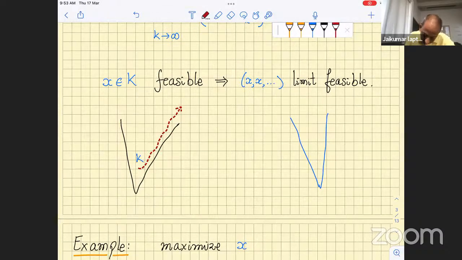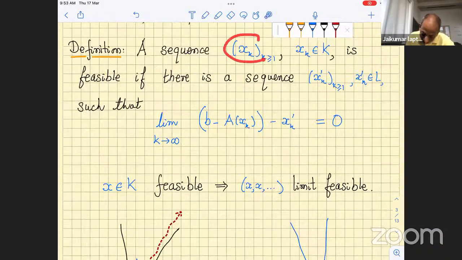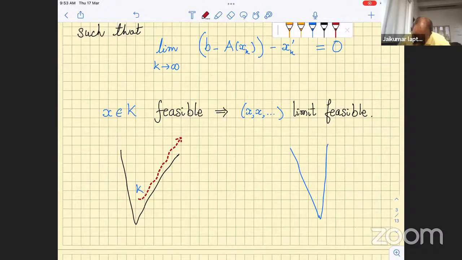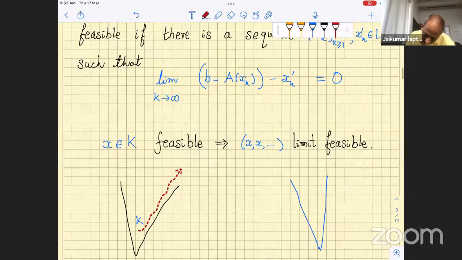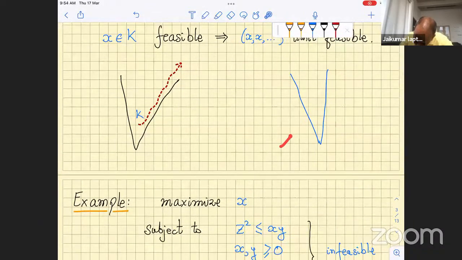These are the points xk. As I move in this direction, the image under this operation gives these points.